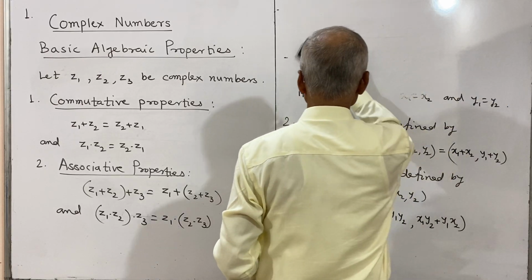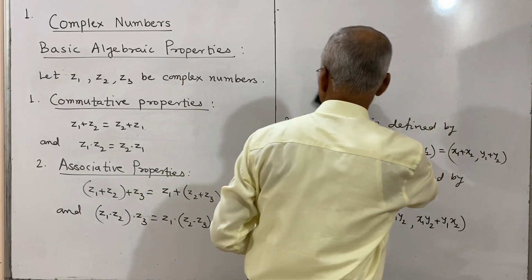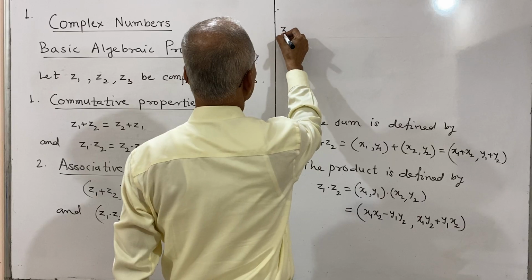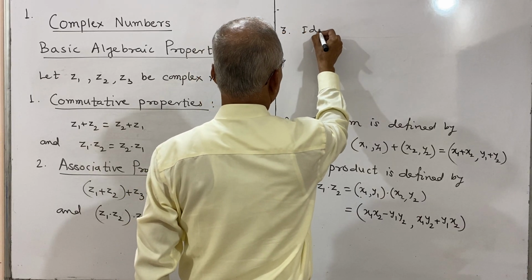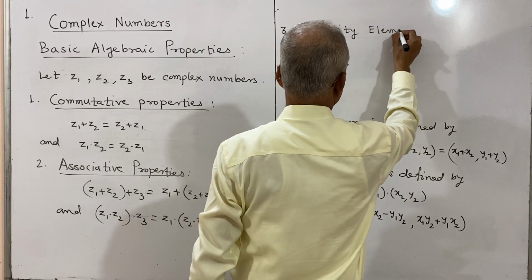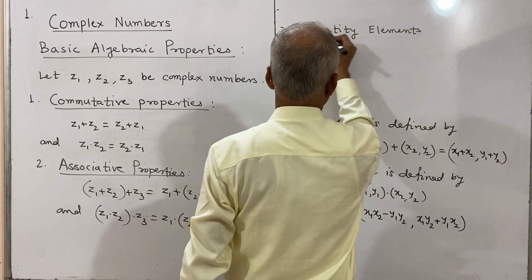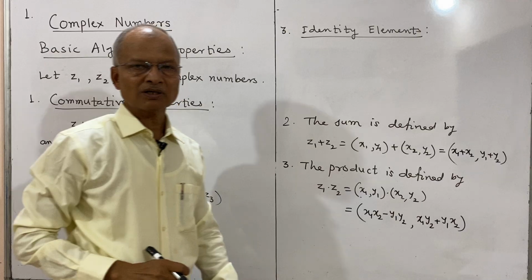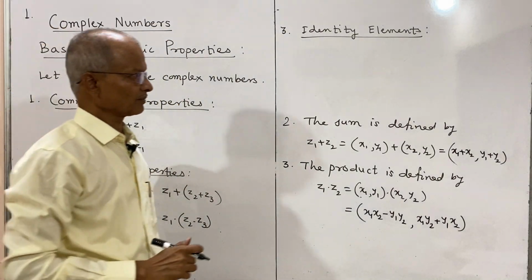Now we shall see identity elements. Identity elements exist for addition, also for multiplication.